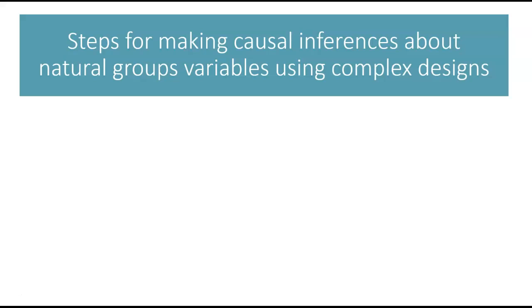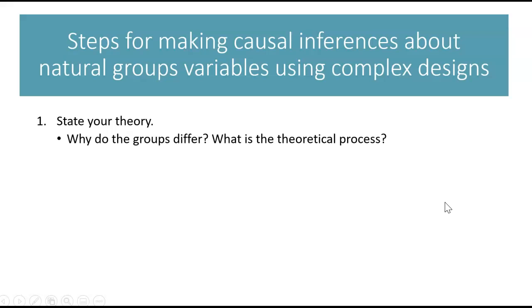So there are some steps that you need to take when you're trying to make causal inferences about differences between naturally occurring groups of participants in these types of designs. So you have to state your theory. You start with that. Why would you, for example, believe that male participants would have an advantage in spatial skills tasks?